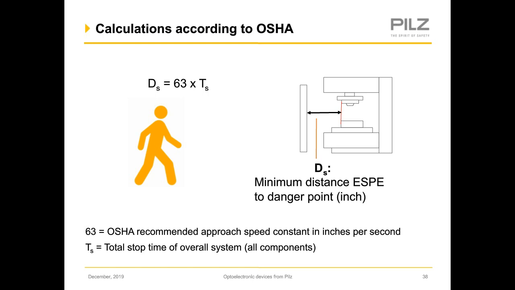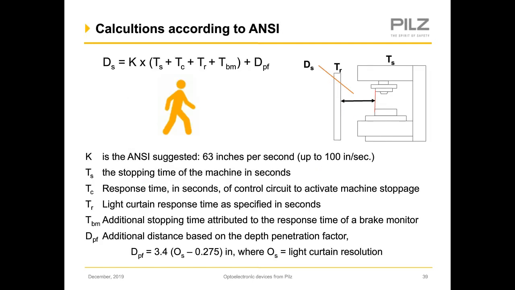Also calculations according to ANSI, where the distance also has the factor K. And then you have, depending on the machine and the devices that are installed, a delay time. So you have lots of timing factors to consider. Plus the factor C here is the depth penetration. And the depth penetration formula is on the bottom of that slide, where QS equals the light curtain resolution.